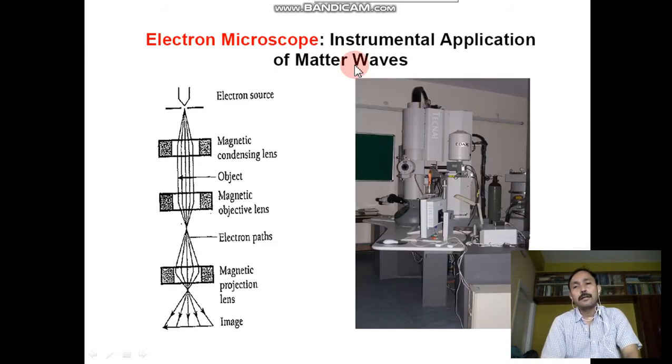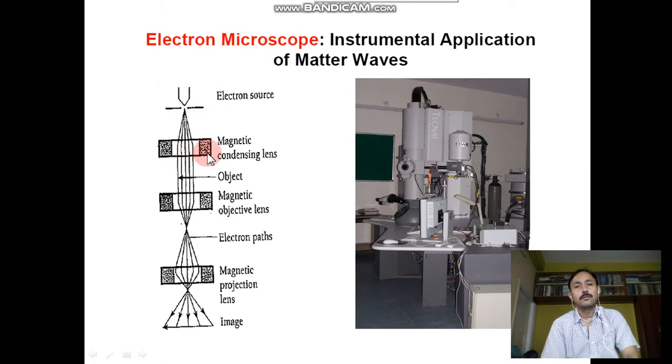This is a picture of an electron microscope. This is showing an EDAX machine for characterization of different materials. Here its schematic diagram is like this. This is the electron source.